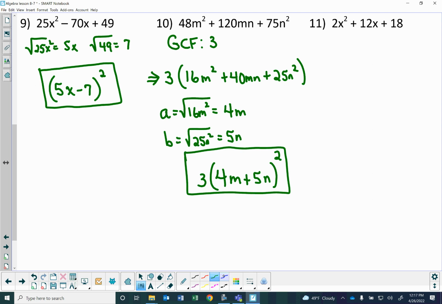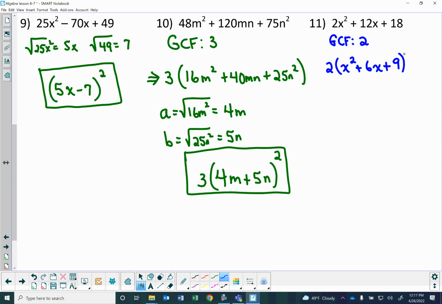Number 11. 2x squared plus 12x plus 18. I'm looking at that going, oh, there's a greatest common factor of 2 there. So greatest common factor is 2. If I divide everything by 2, I am left with x squared plus 6x plus 9.